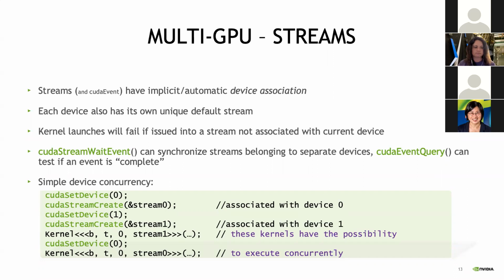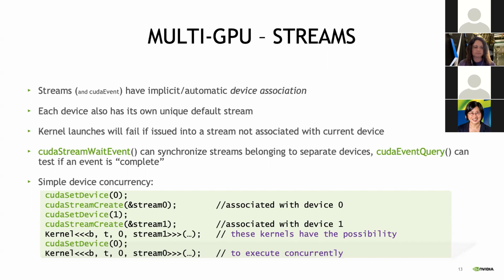So when you create a CUDA stream, it is associated with whatever the active CUDA device is at that point in time. What that looks like in this example is we have CUDA set device 0. So we're saying, okay, set my active GPU to GPU number 0 and create a stream, which we called stream 0 in this case, which is now associated with device 0.